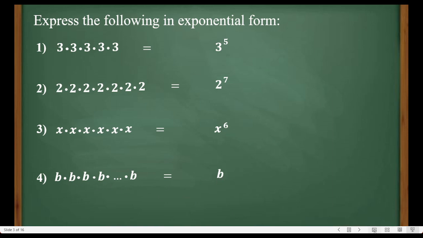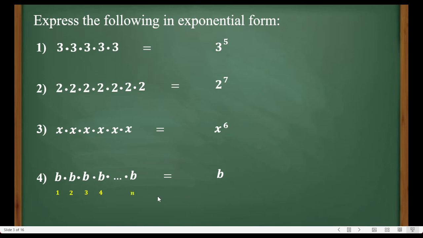So let us count. 1, 2, 3, 4. And since may kasunod pa dyan, sa ellipsis na yan, we don't know how many b's are there. But we are certain that this is the last one. But still, we don't know pang ilan ito. So let us say the last b here is your nth number.